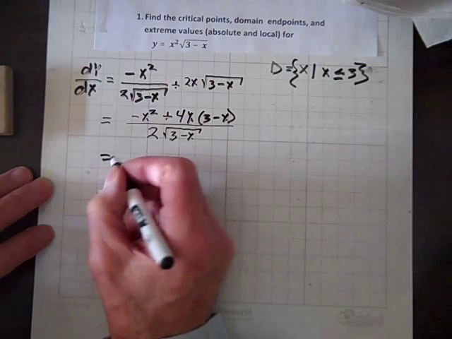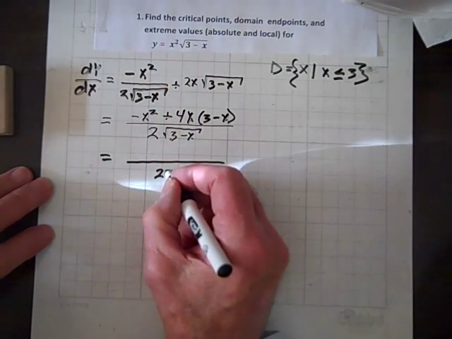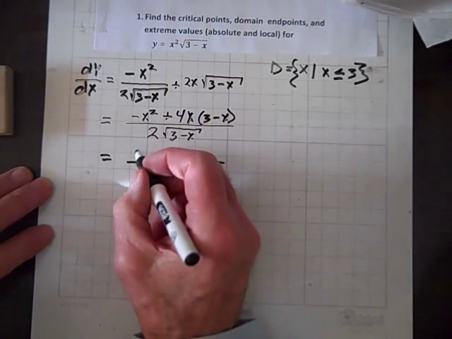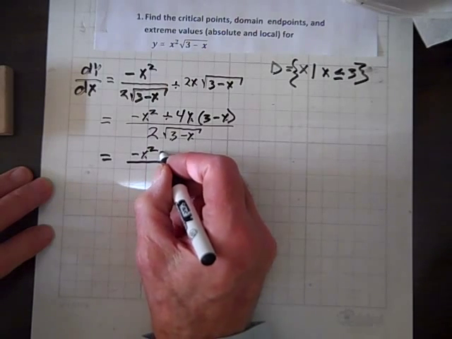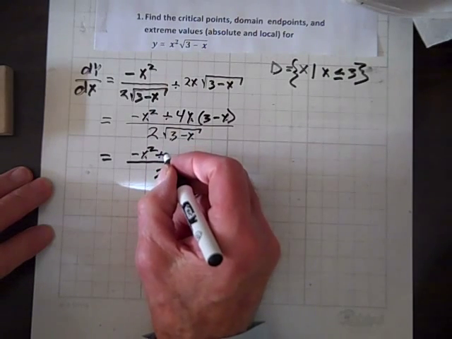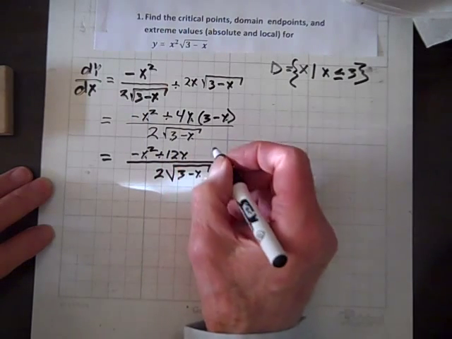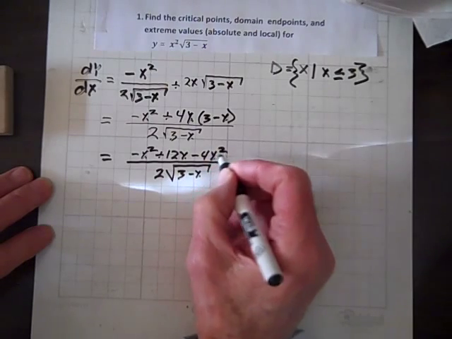Now let's expand that, and so 2 square root of 3 minus x, and minus x squared, and plus 4x times 3 is 12x, and 4x times negative x is negative 4x squared.